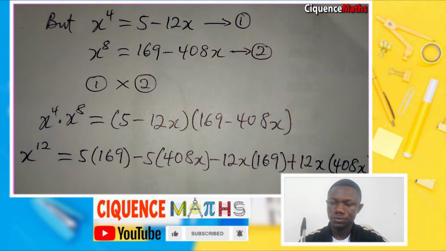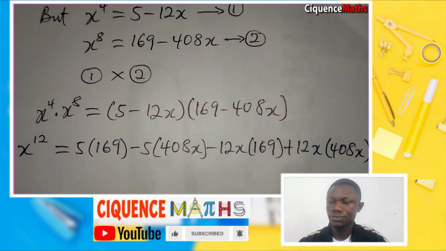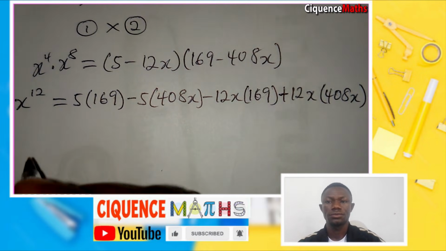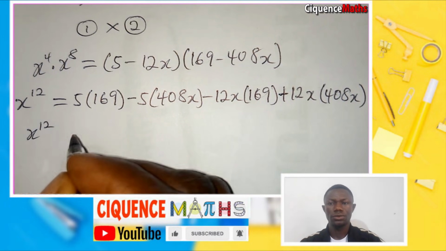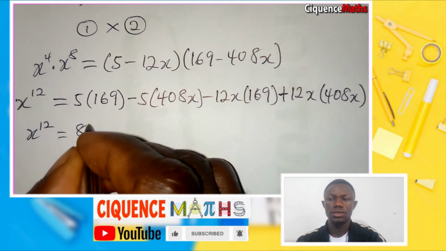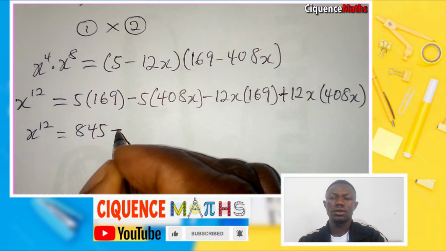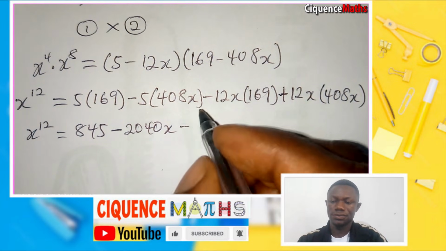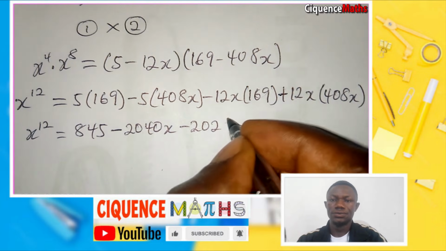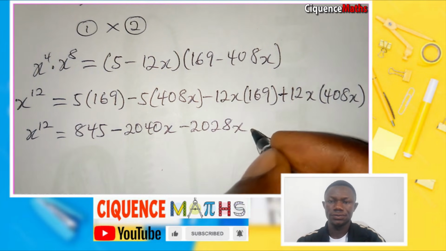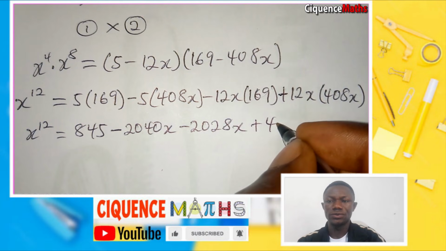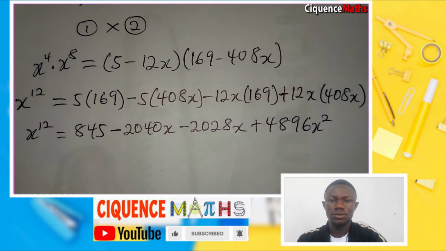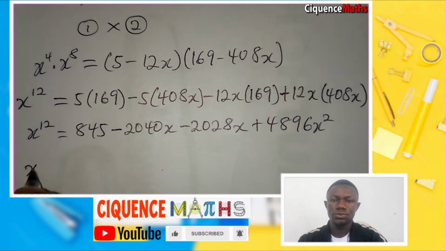Then we simplify. Our x exponent 12 will become 845 minus 5 times 408x, which is 2040x, minus 2028x, plus 4896x squared.